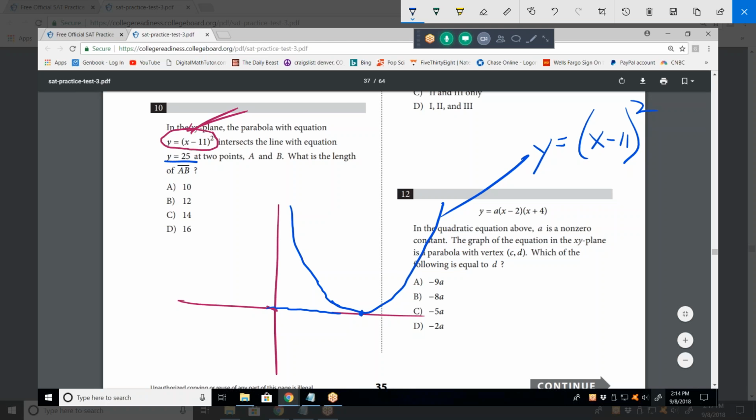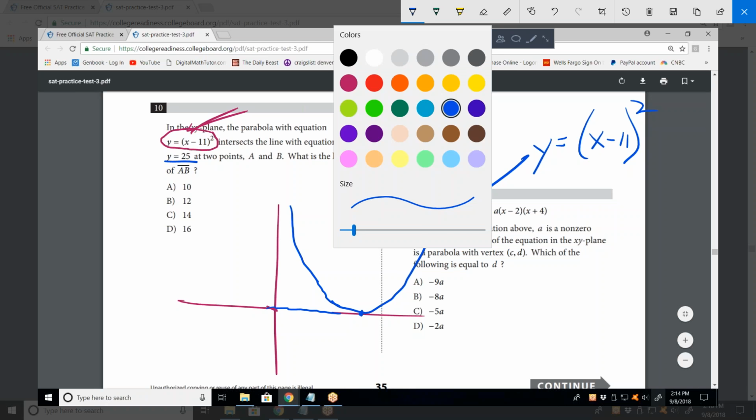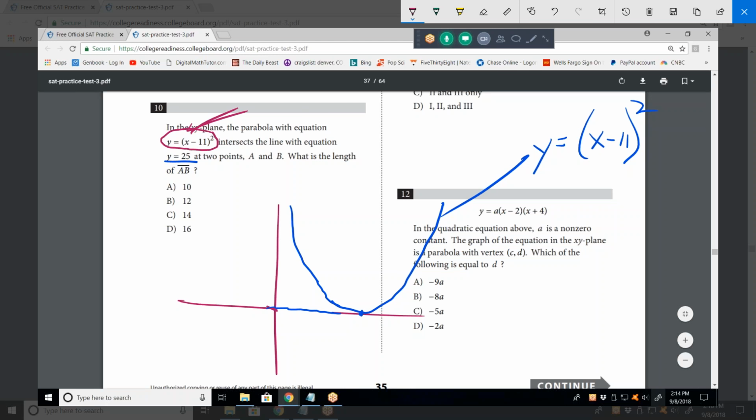Y equals 25. That's going to be a vertical transformation? No, but you're half right. Is that a horizontal line or a vertical line? Horizontal. Where?